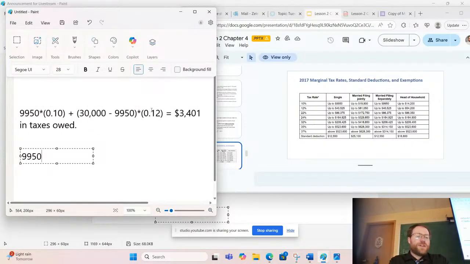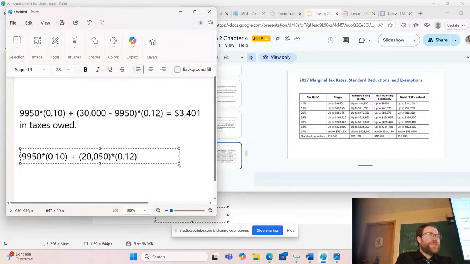Or if it helps, 9,950 times 0.10 plus inside this parentheses would be what, 20,050 times the 0.12.